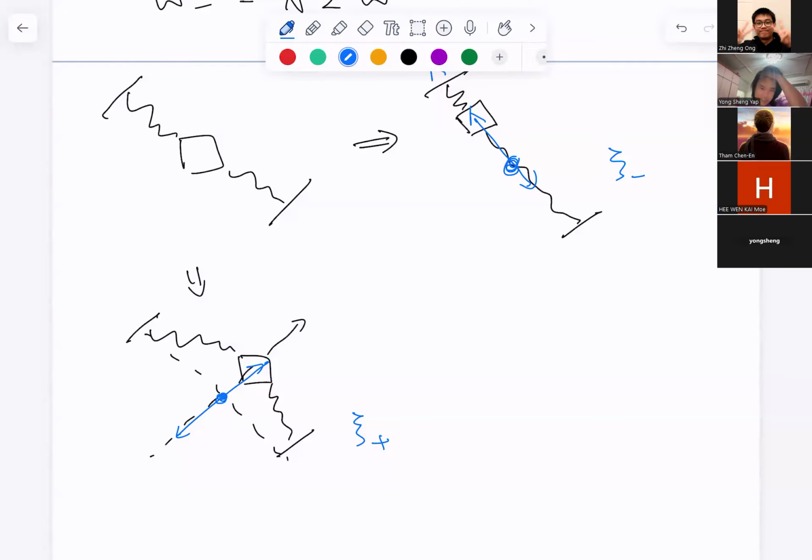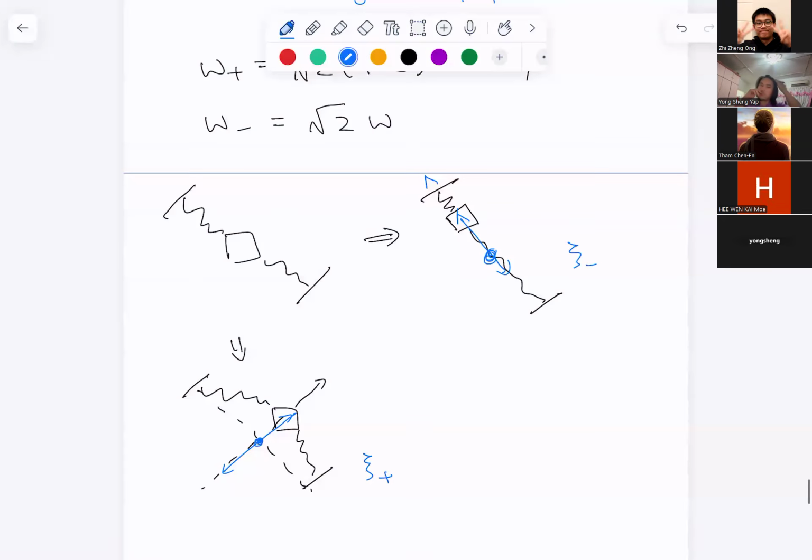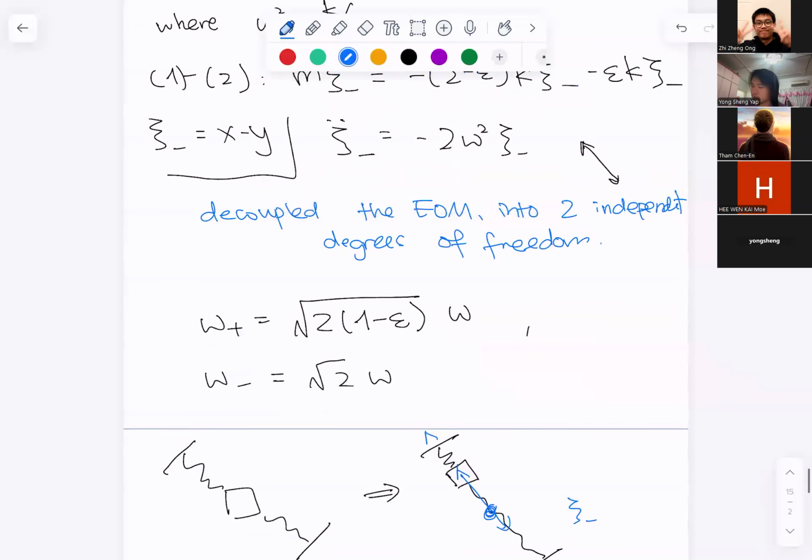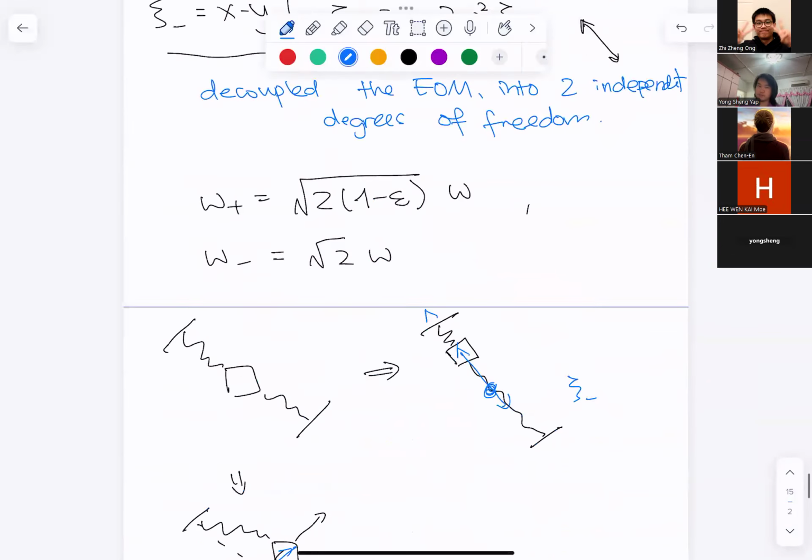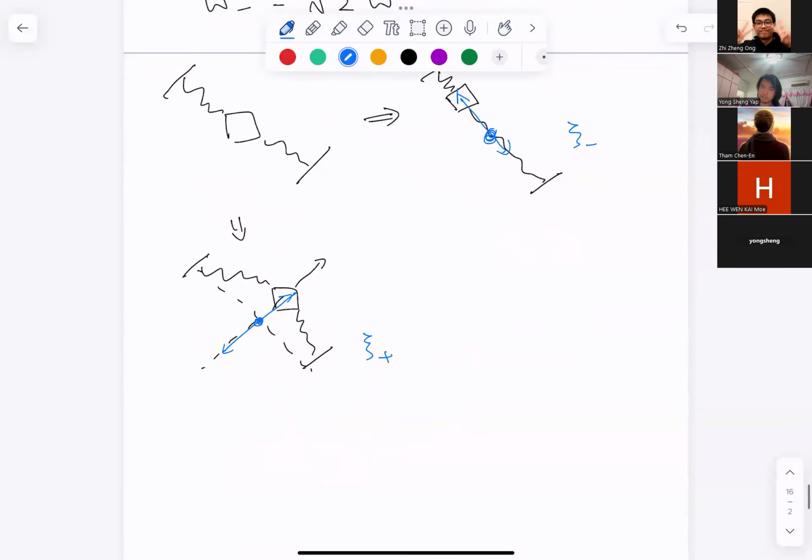All right, are there any questions? So one reason we get coupled equations of motion is basically that we have chosen a very bad way of describing the system. All right. So this is one way of how to analyze coupled equations of motion and coupled oscillators.